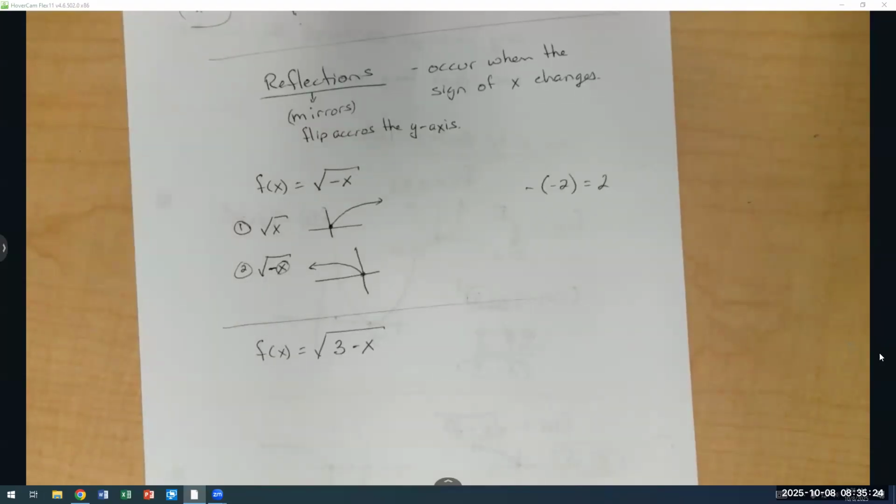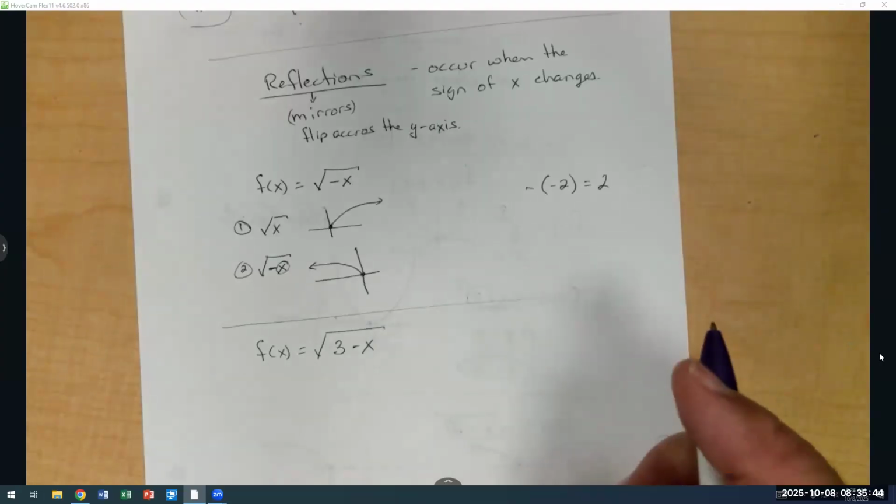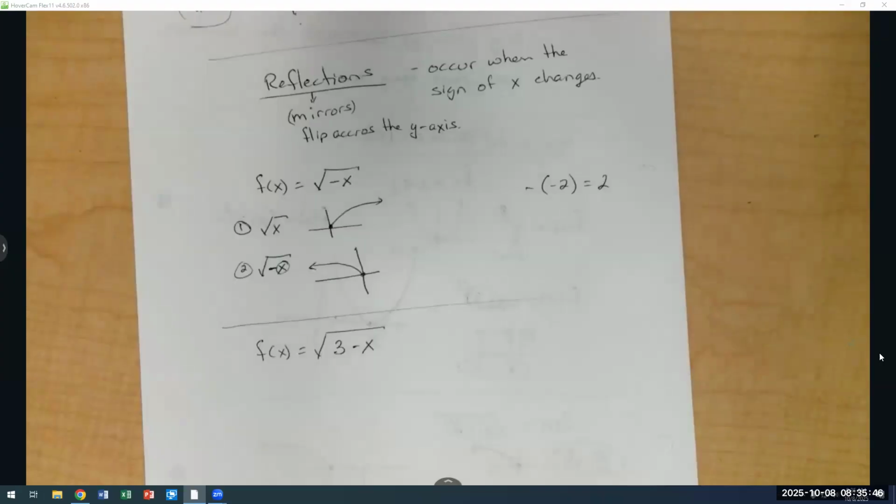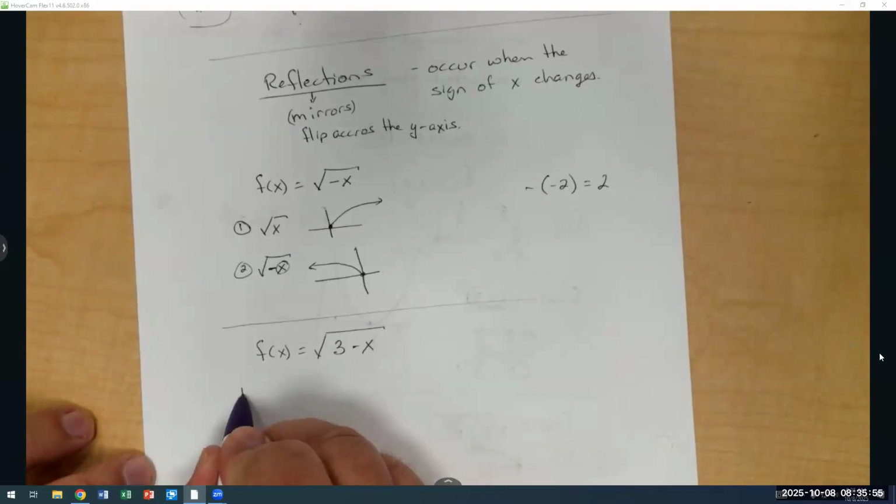Graph this one. So again, always start off with the original function.